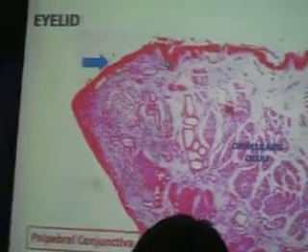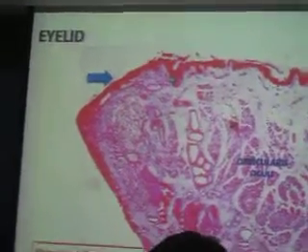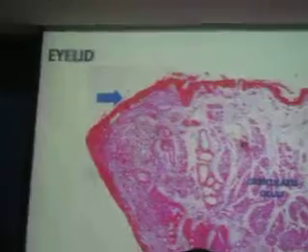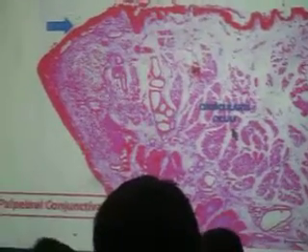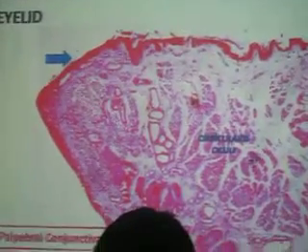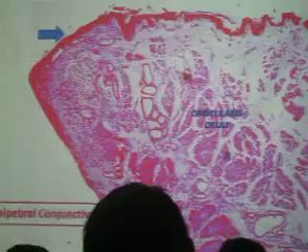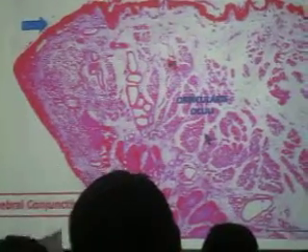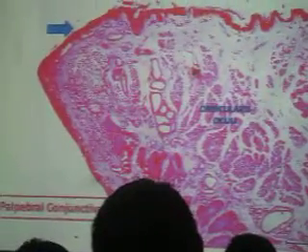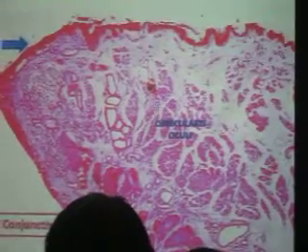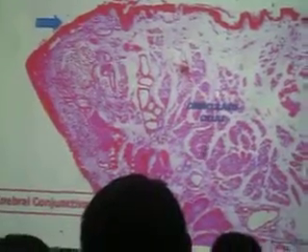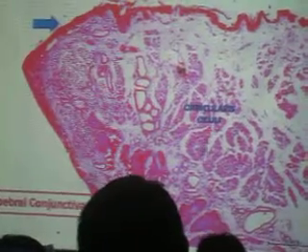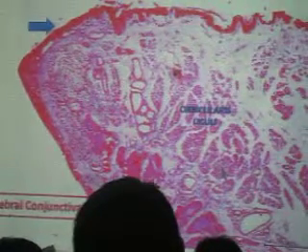You can close and open the eye aperture, the ocular aperture or the opening of your eye, by contraction of your orbicularis oculi. The muscular part here is made up of skeletal muscles, your orbicularis oculi. They are circularly disposed around the orbit. This represents the cross section of your skeletal muscles, bundles and bundles of orbicularis oculi.